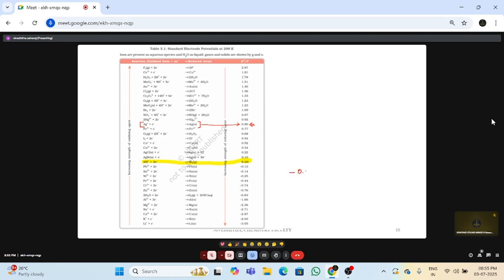So minus 0.74 is the reduction potential of chromium. Okay. What is the reduction potential of copper 2 plus ion? 0.34. Plus 0.34.